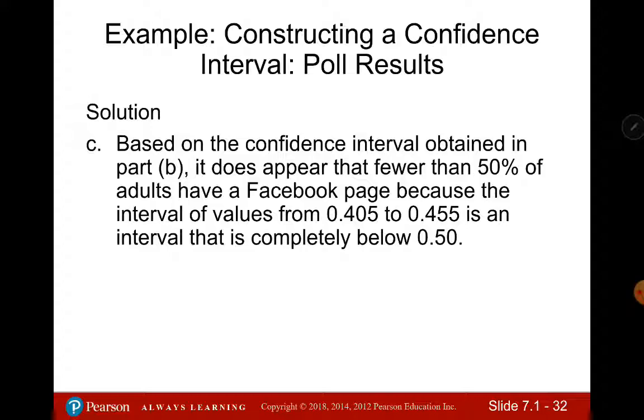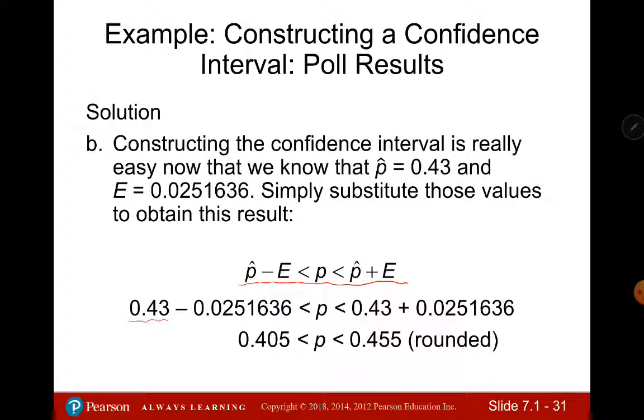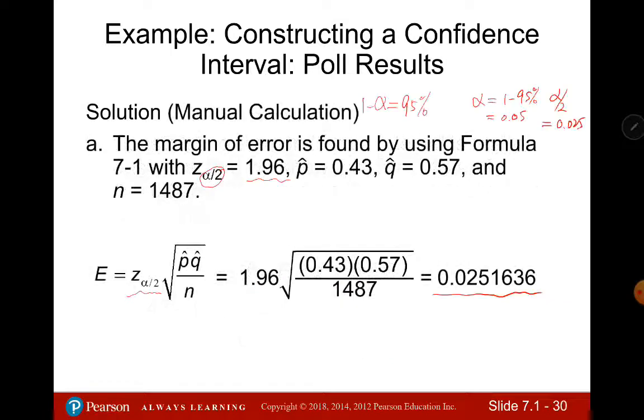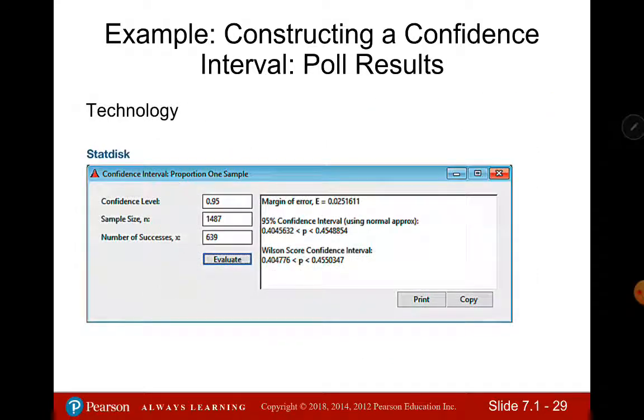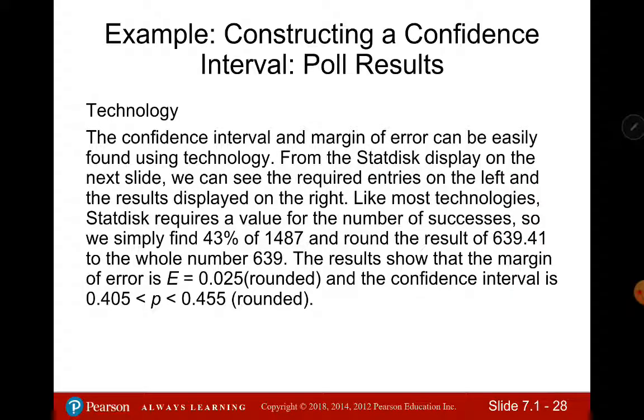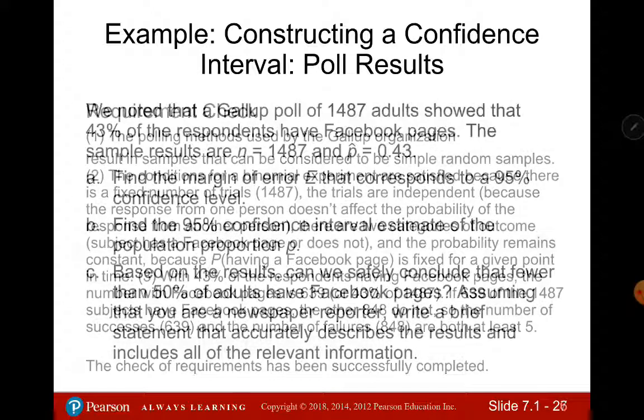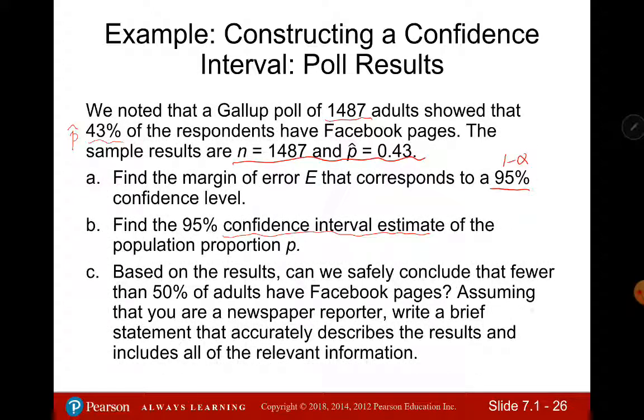So let's check part C. After we have the margin of error, after we have the confidence interval, let's see. The confidence interval is from 0.405 to 0.455.